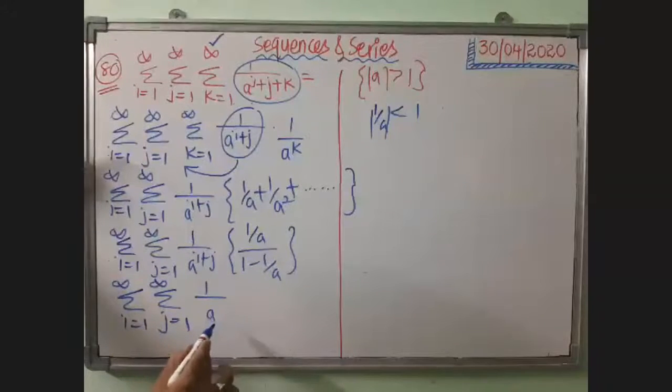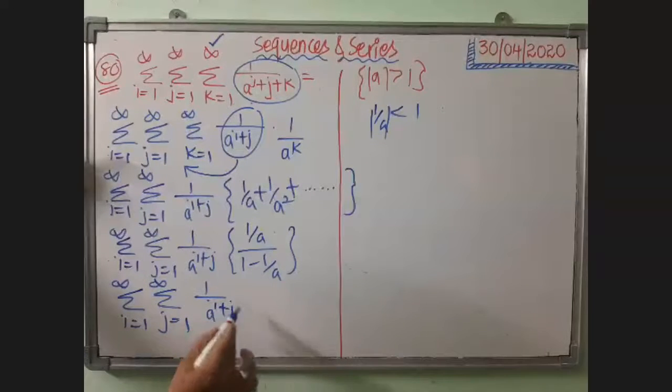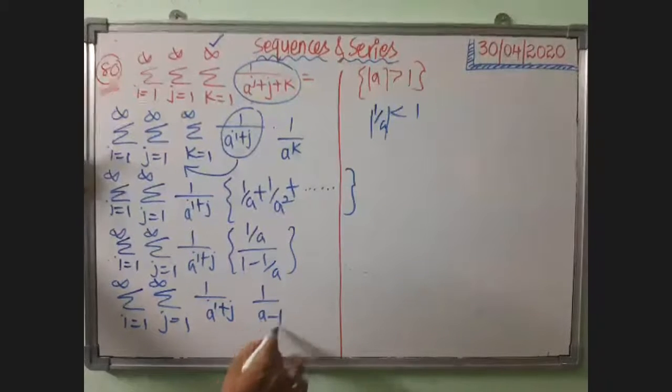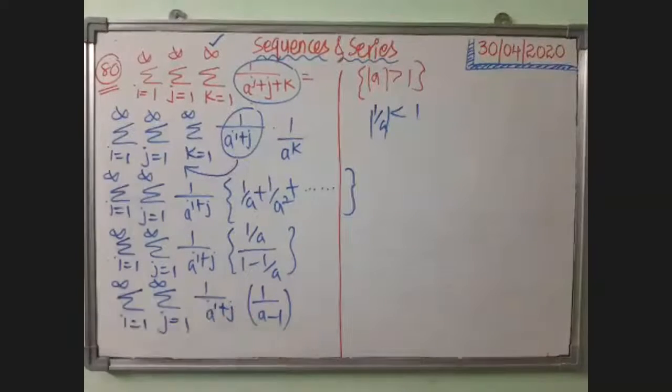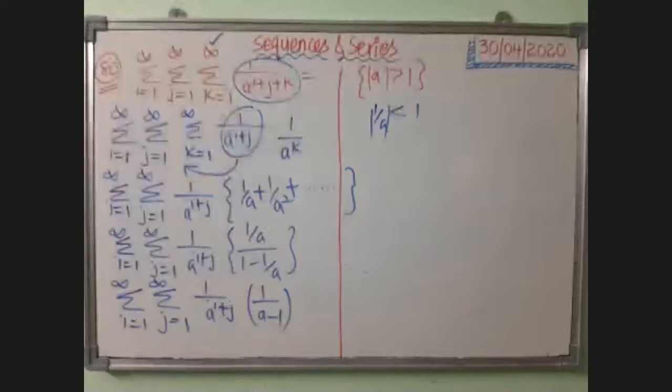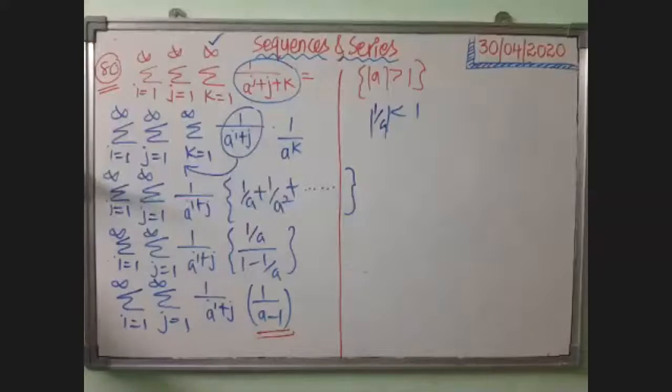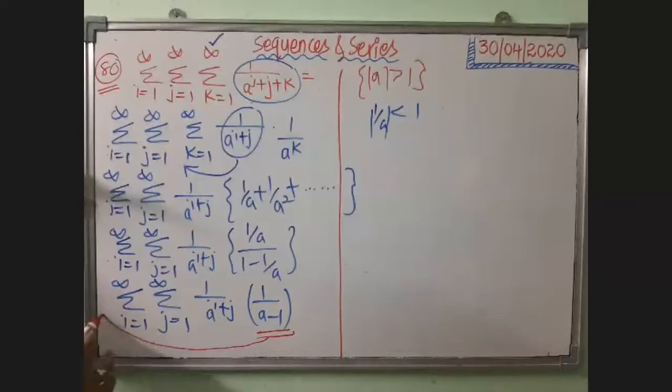I will write down i, a power of i plus j. It becomes 1 by a minus 1. This is the value which I am getting after removing the first sigma from the right side. Since it has nothing to do with i, j, k, this will become the constant for the whole question. This constant will be coming outside the leftmost sigma.